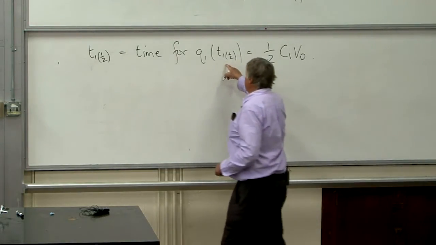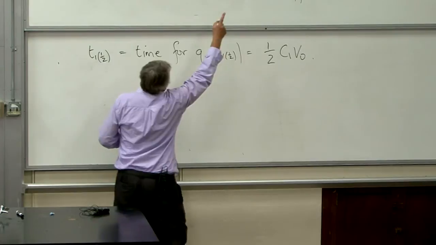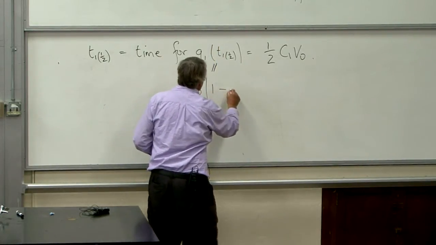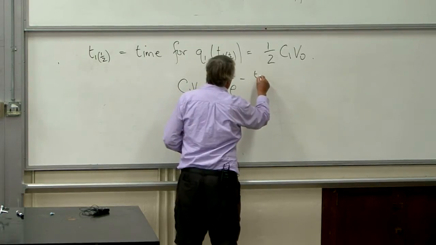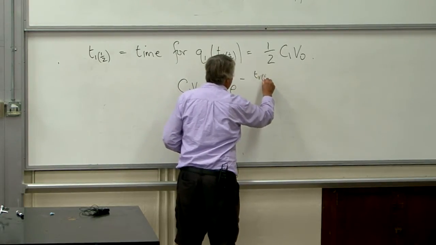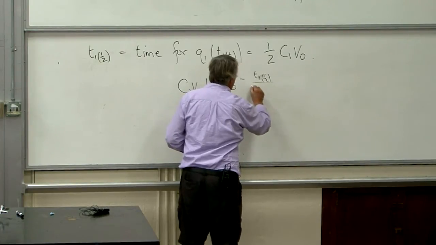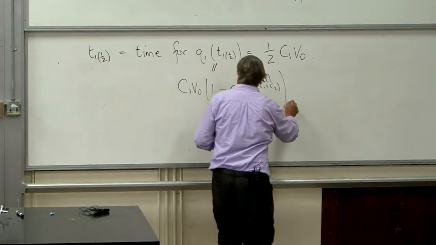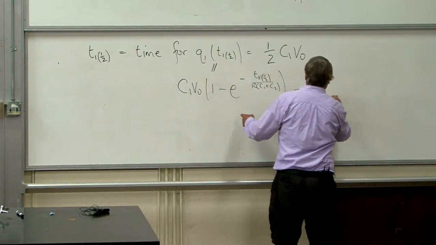Now, this of course is equal to, from the answer, C1 V0 times 1 minus e to the minus T1.5 divided by r times C1 plus C2. And that's equal to a half C1 V0.